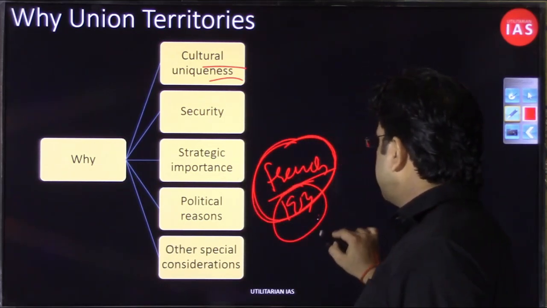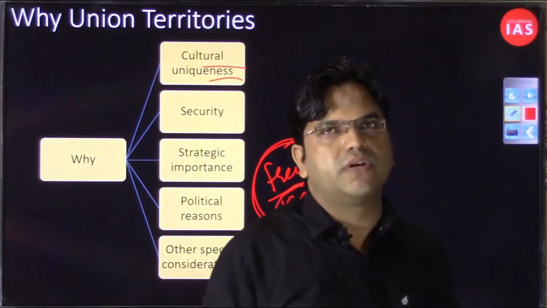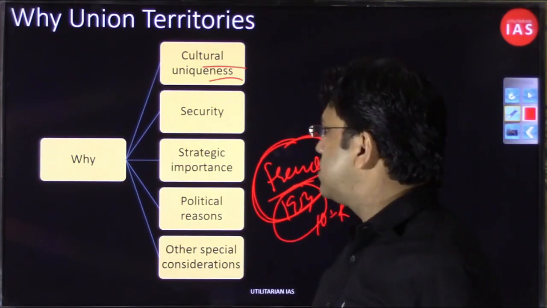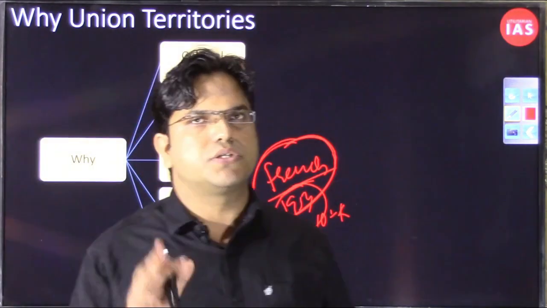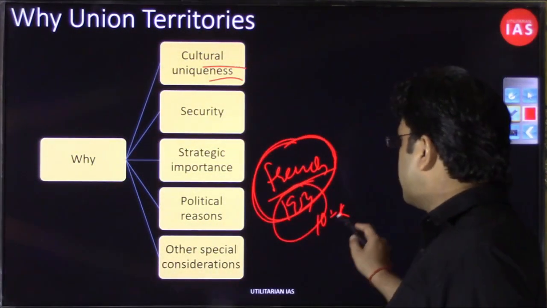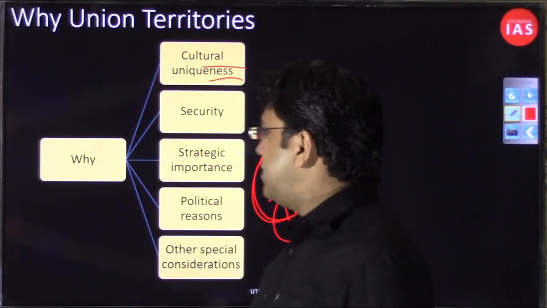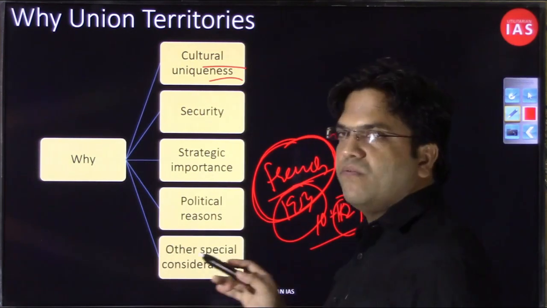Rather, 10,000 or 12,000 people still reside in Puducherry, but they hold French passports, which means basically they are French nationals. As far as the election for the president or any other election conducted in France is concerned, these 10 or 12,000 people who reside in separate colonies do participate in the voting while being in India.